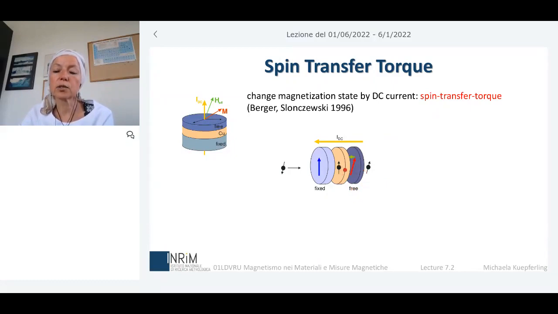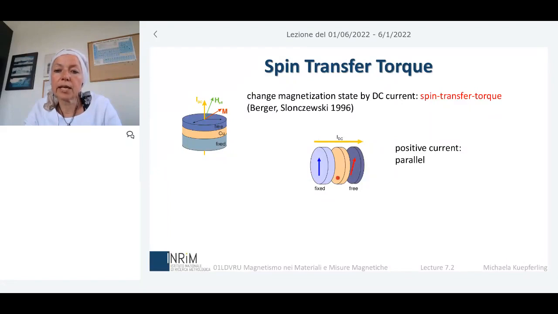My electrons, which are polarized, will transfer a part of angular momentum, this perpendicular component, to the free layer, and the free layer, as a consequence, since it is very free to move, will align in the direction of the fixed layer. So in this way, we set the free layer parallel to the fixed layer when we push through a DC current.